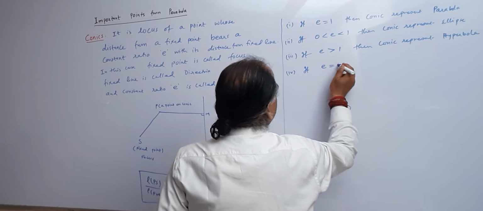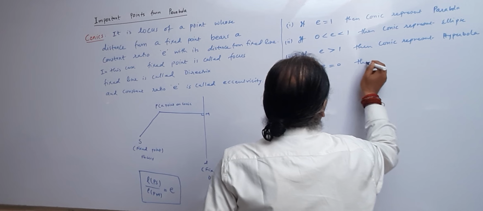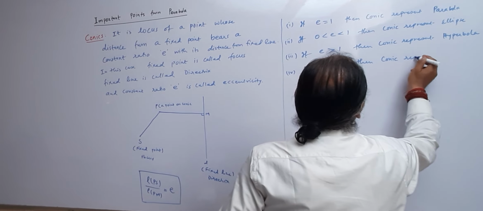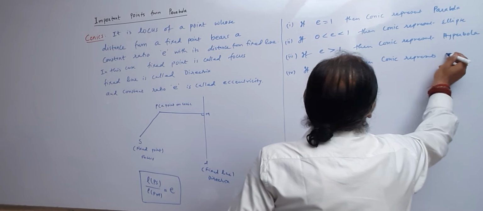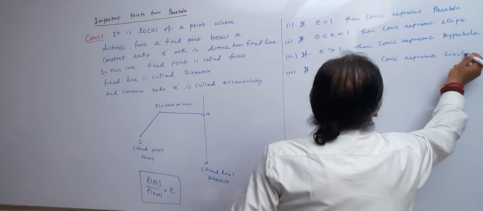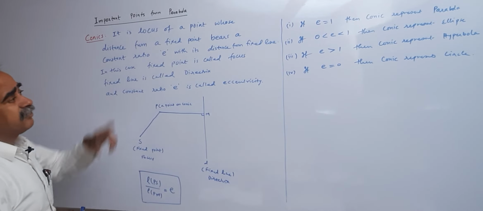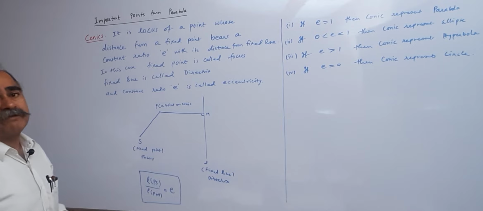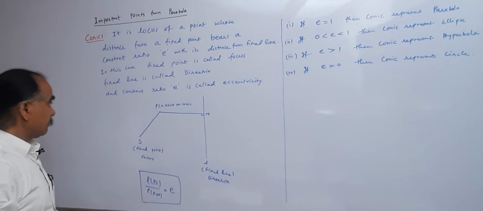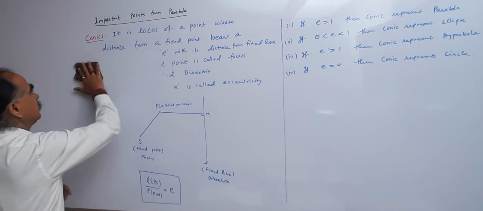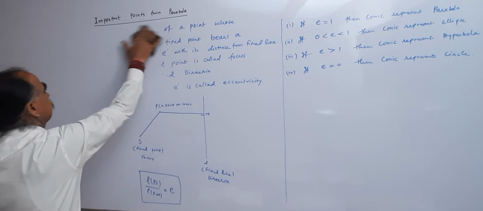If e is equal to 0, then the conic represents a circle. So in case of parabola, e should be 1. Now we'll go to parabola only.